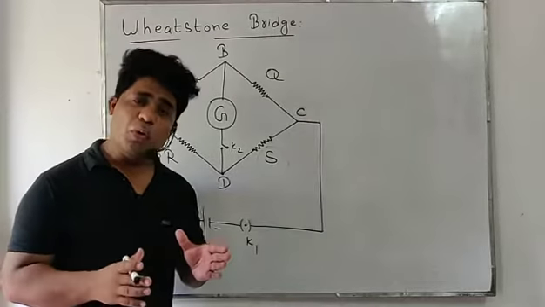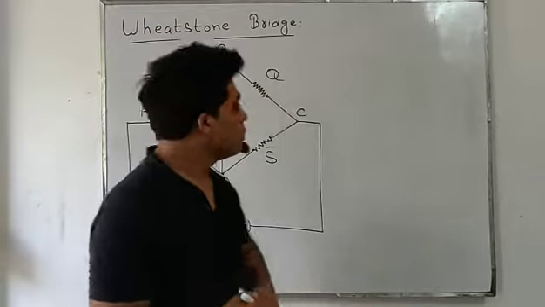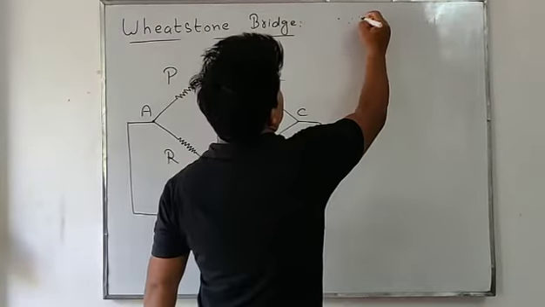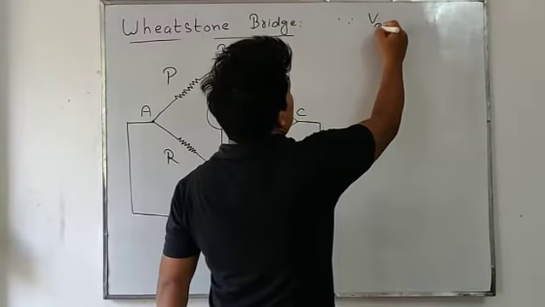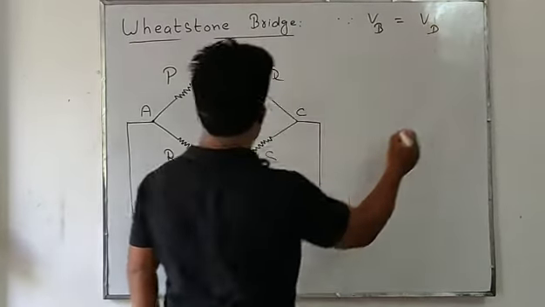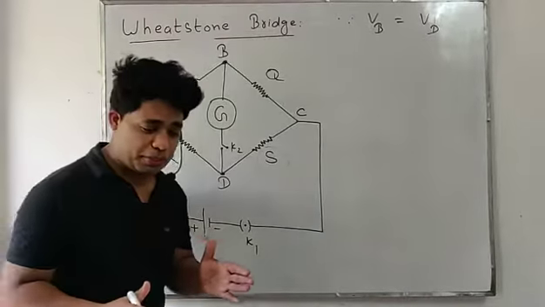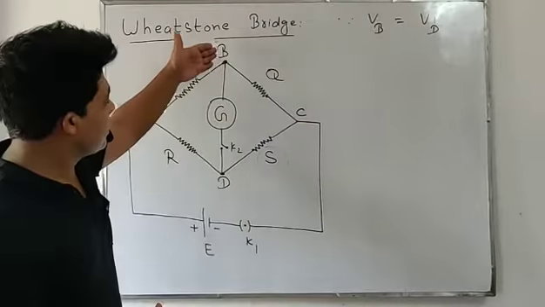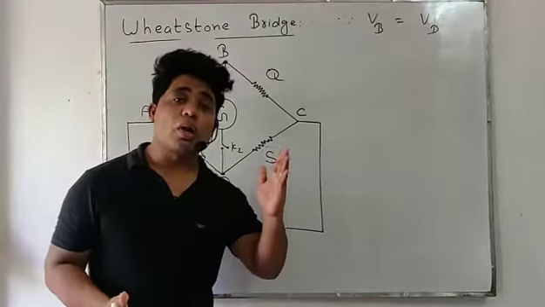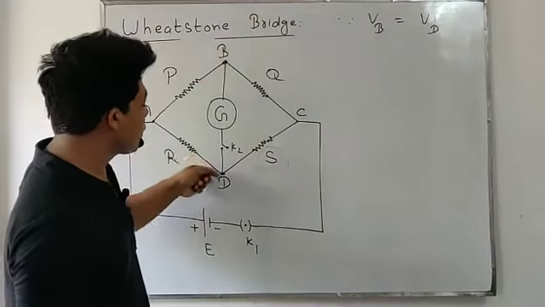Now students, the main part is its principle. Actually, we know current always travels from higher potential to lower. So let the potential at point B be equal to the potential at point D. When two points have equal potential, in that condition current will not flow in this wire, because current always travels from higher potential to lower until they become equal.